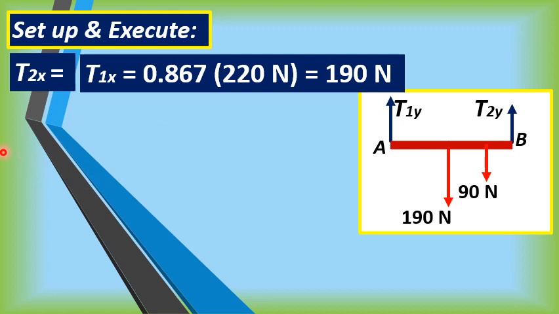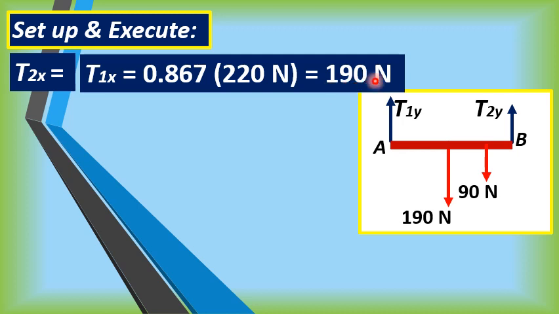So T sub 1x is just the product of cosine 30 degrees, which is 0.867, multiplied to the magnitude of T1, which we already computed earlier, 220 newtons, and we will get 190 newtons as the x component of T1.